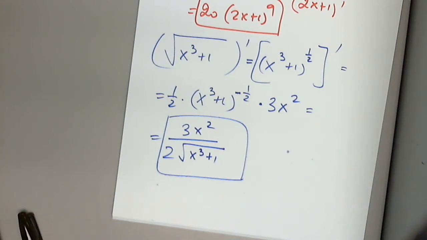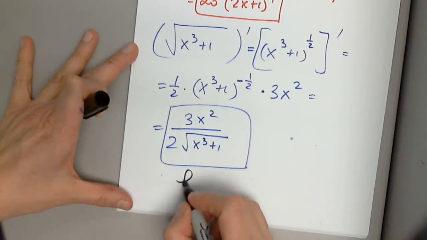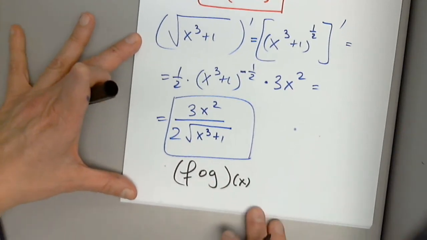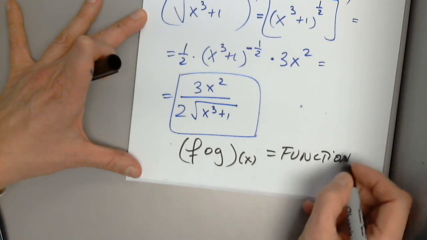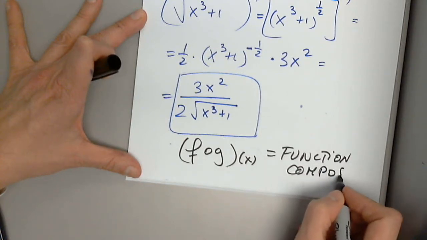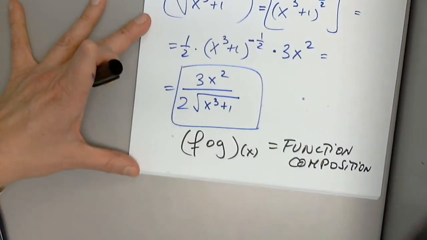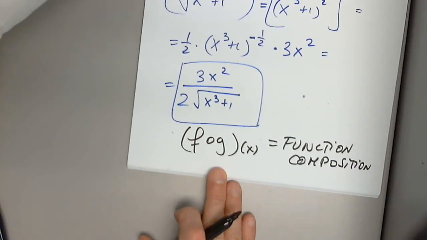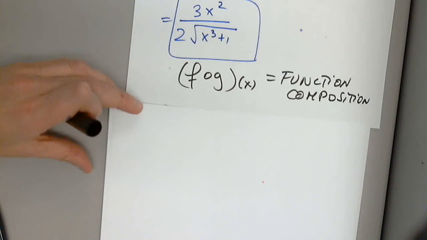Okay, so let's talk about the chain rule. We already applied it. So f comp g, this is function composition. I hope you remember function composition. From f and g, which function is the outer, which function is the inner? G is the inner.